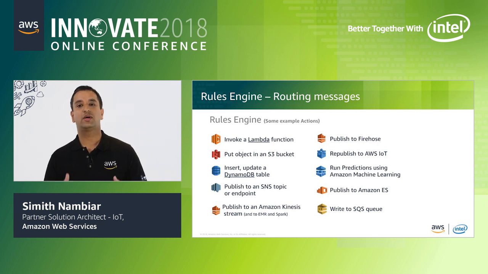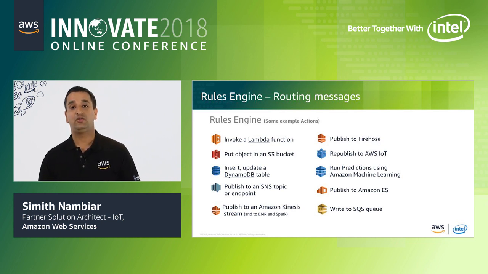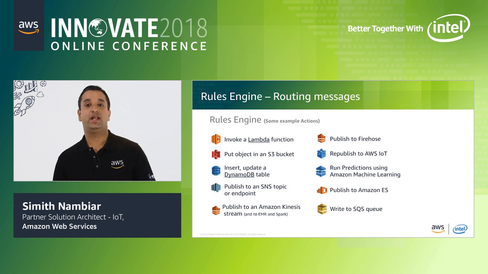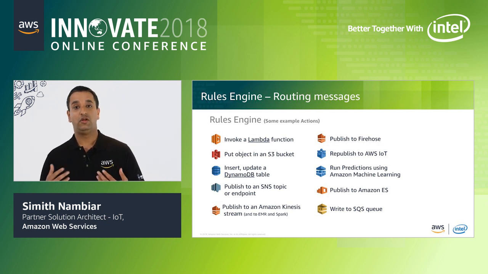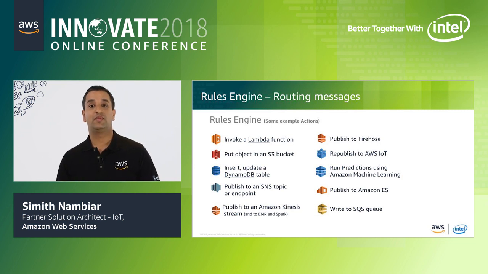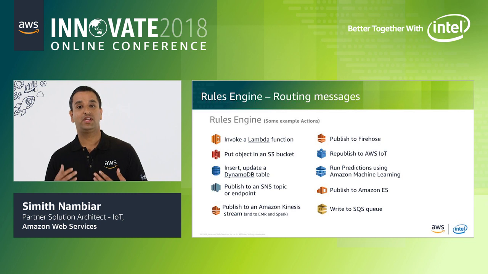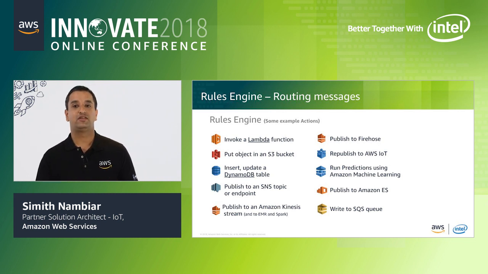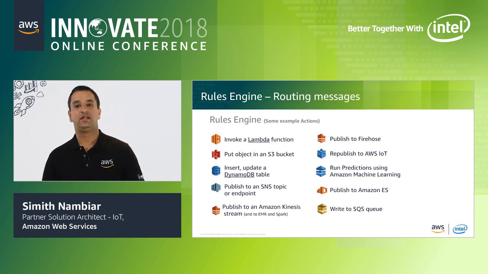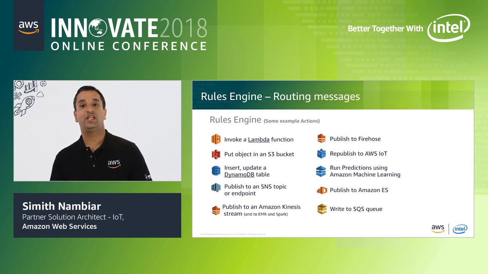You can use rules to support tasks like writing data received from a device to an Amazon DynamoDB table, save a file to Amazon S3, send a push notification to all users using Amazon SNS, publish data to an Amazon SQS queue, invoke a Lambda function to execute your business logic, process messages from a large number of devices using Amazon Kinesis, send data to the Amazon Elasticsearch service, or capture a CloudWatch metric, send message data to an AWS IoT analytics channel.